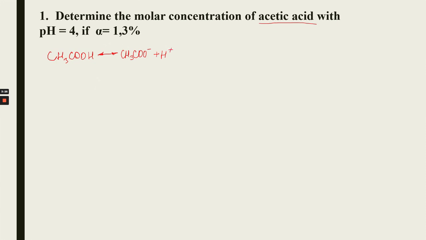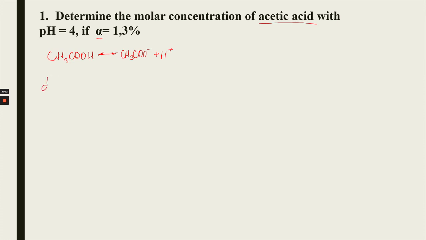So let me remind you what is alpha. Alpha, it is degree of ionization or degree of dissociation, which shows us the ratio of substances dissociated to a total number of substances.